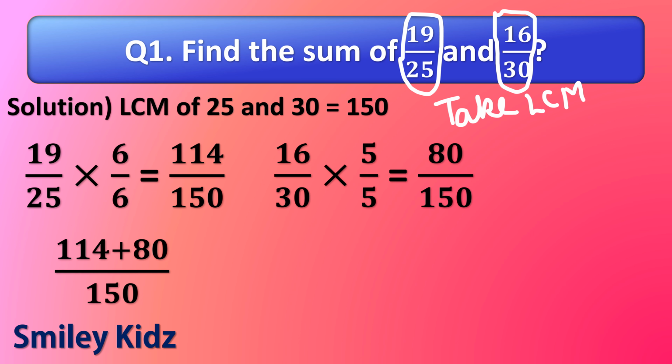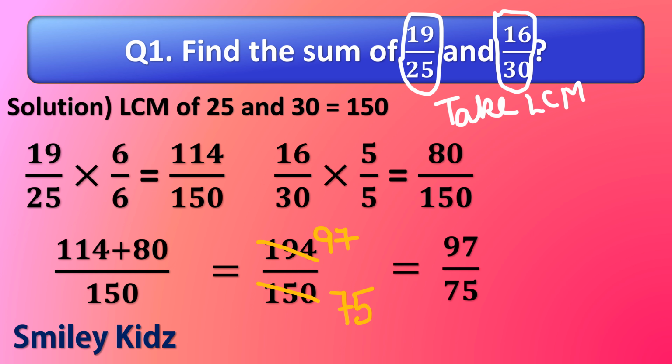Now we have like denominators, so we can add them. 114 plus 80 by 150 is equal to 194 by 150. We can simplify 194 by 150, that is equal to 97 by 75. Therefore, the sum is 97 by 75.